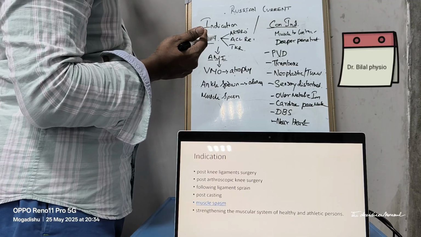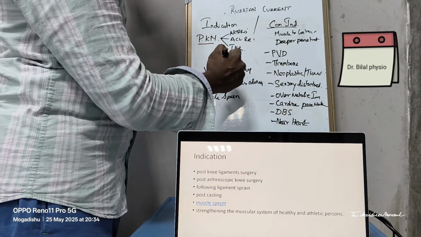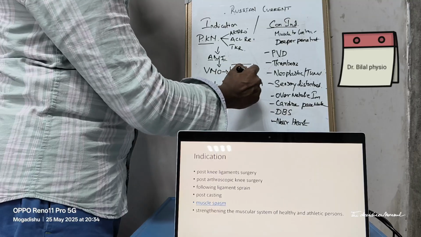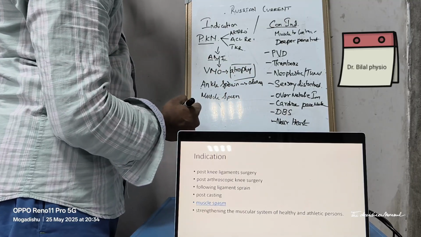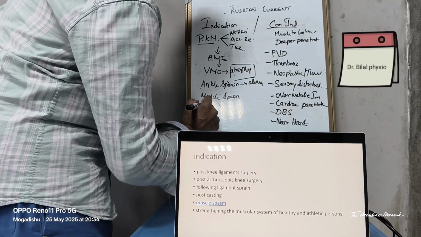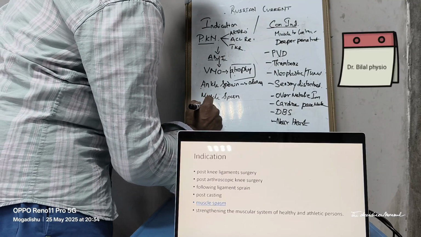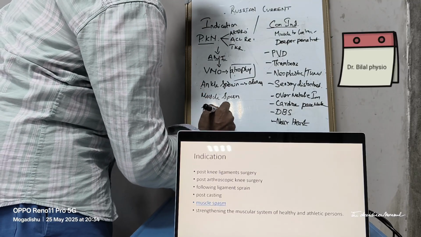To avoid the further damage, the muscle will stop the movement. This may lead to atrophy. And also the ankle sprain, and muscle spasm conditions, and even casting patients like POP casting patients.